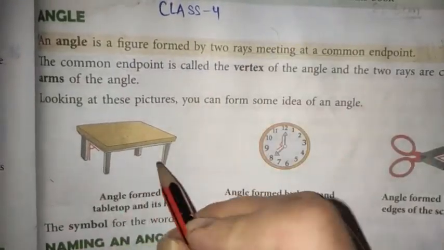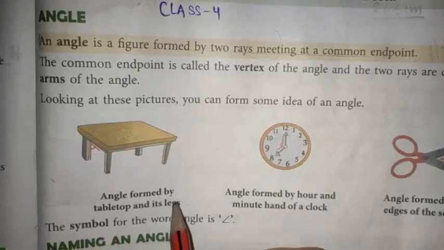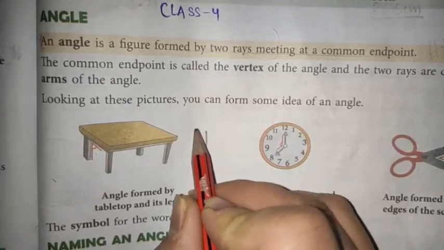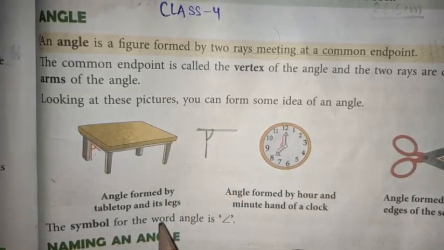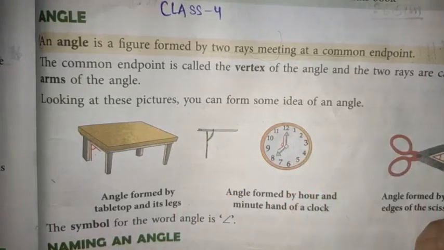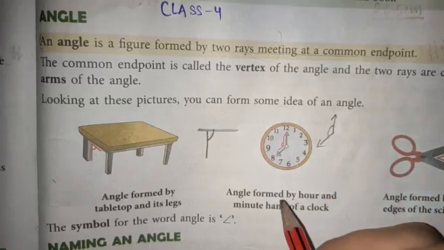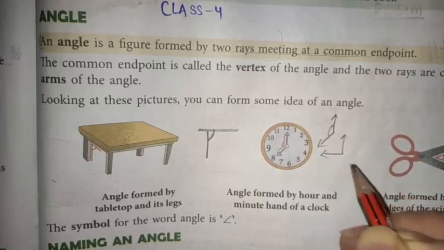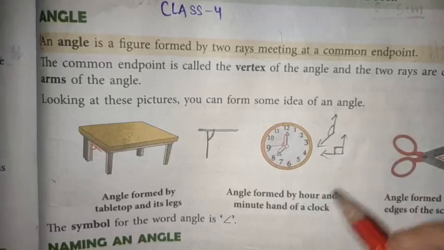An example is given in the figure in your book: the angle formed by the table and its leg. This is one leg here, and at the topmost part you can find the angle. In a clock, the hour hand and minute hand form an angle. If this is 9 o'clock, it forms a perpendicular or right angle.